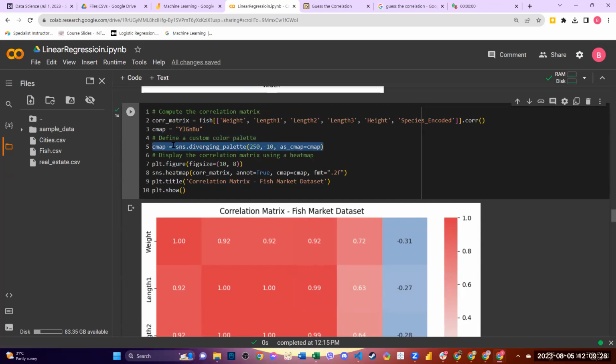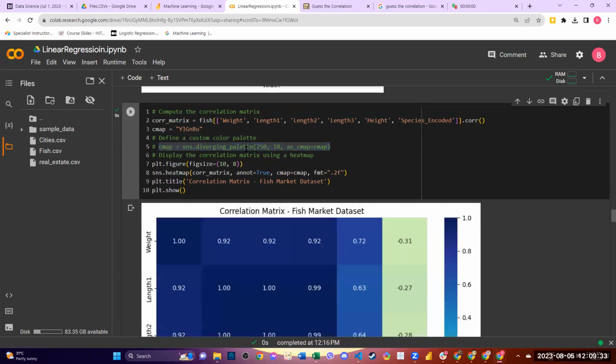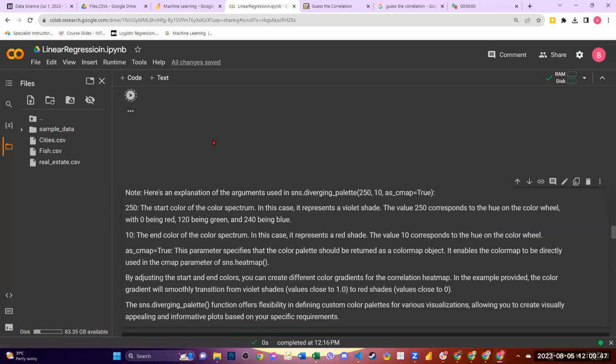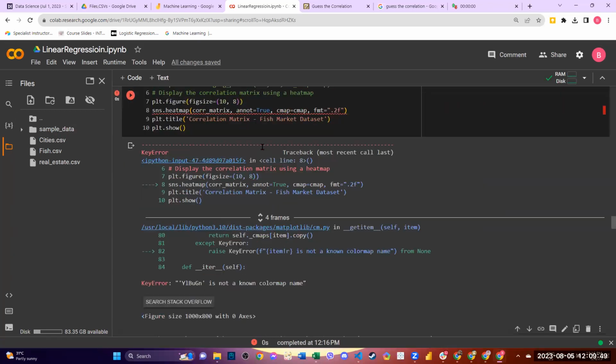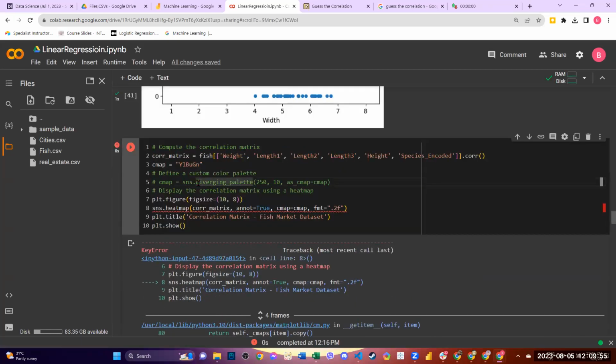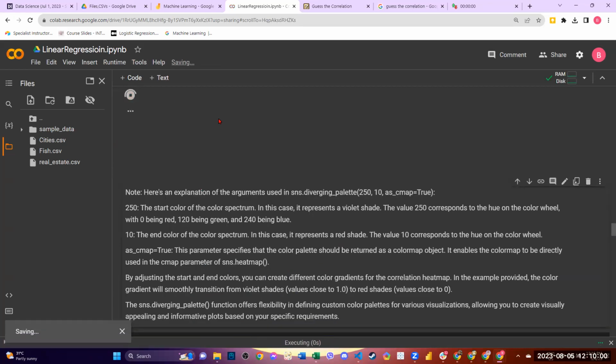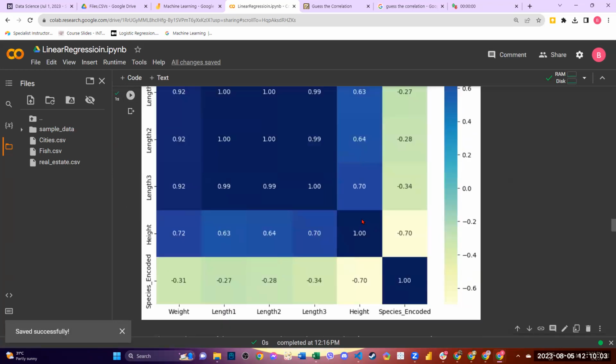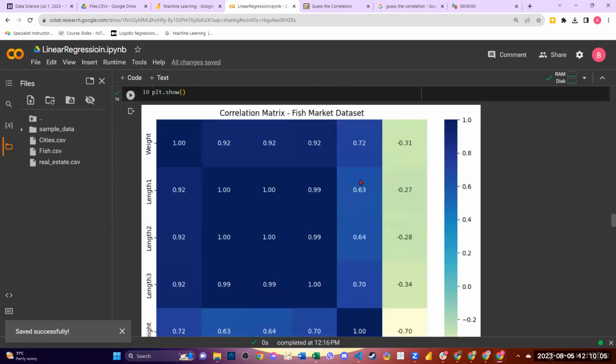We'll try to remove this one so that it's not red. There, okay. Let's hide this. There, so here we have a heat map.